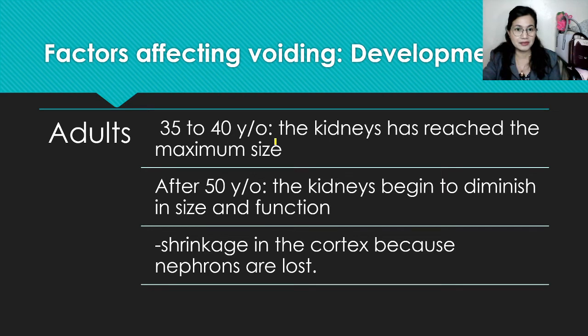Among adults 35 to 40 years old, the kidneys have reached the maximum size. And after 50 years, the kidneys begin to diminish in size and function, where you can notice shrinkage in the cortex because of the lost nephrons.